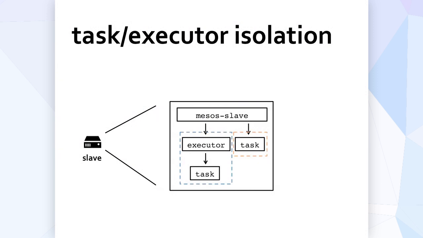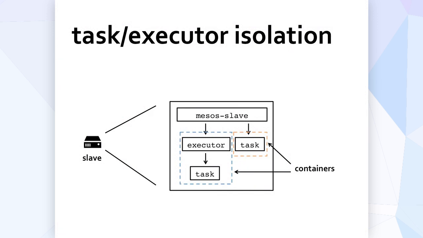The reason this is interesting is because one of the core tenets of Mesos is to provide isolation of the computations that are running. The containers that we put around the things that are running are effectively the executor tree or the individual task. If you just run a task with a command, we just put a container around that task.